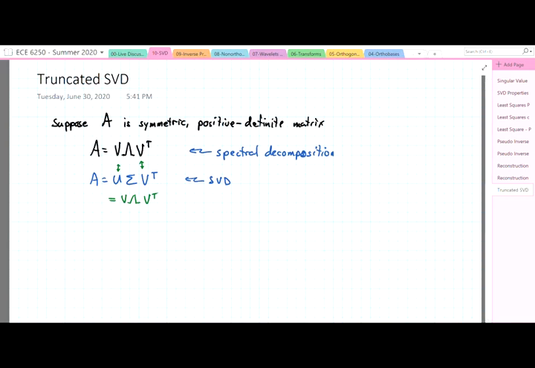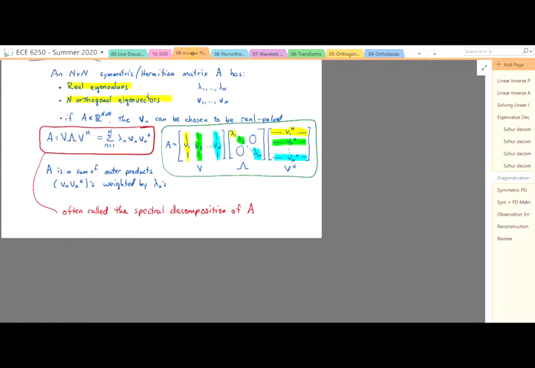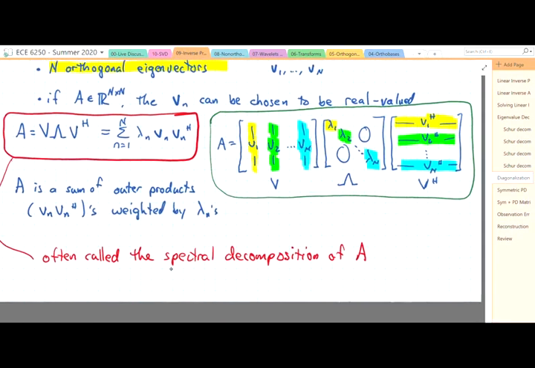So why do we care about this? Well, we care about this because we can define our maximum reconstruction error as we did before. In fact, rather than just rewrite it, I'll pop back to that slide.